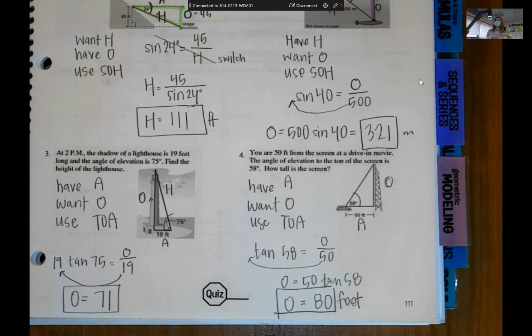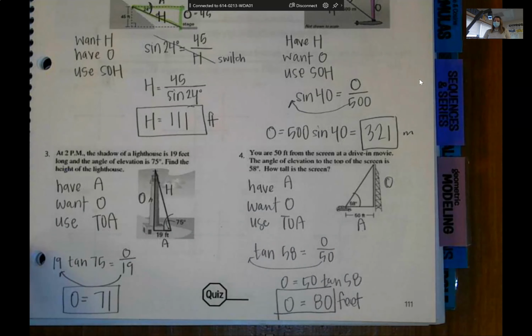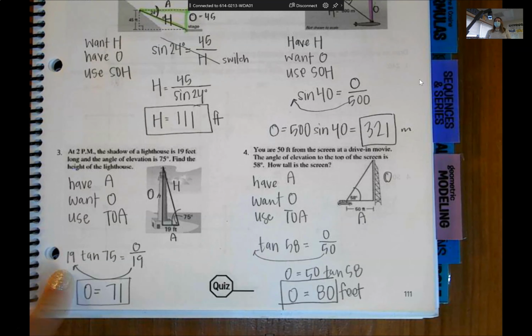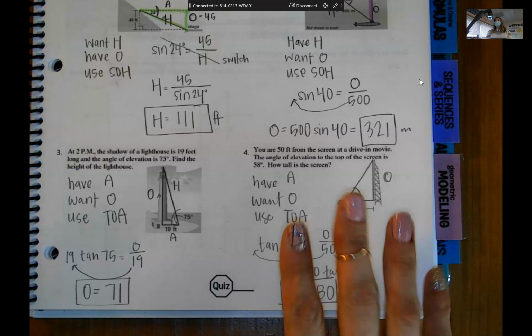Two, one of your problems, you have to use cosine. So be aware that it's not always sine and tangent. There will be at least one problem in the quiz where the function is cosine, and that's okay. You solve it exactly the same as these ones. There's nothing surprising.